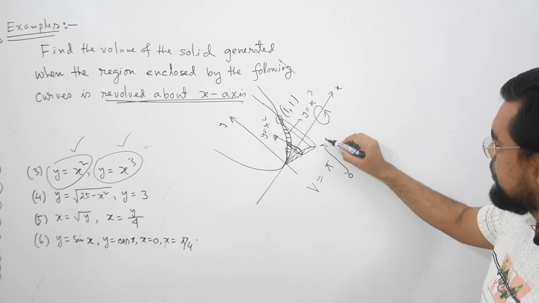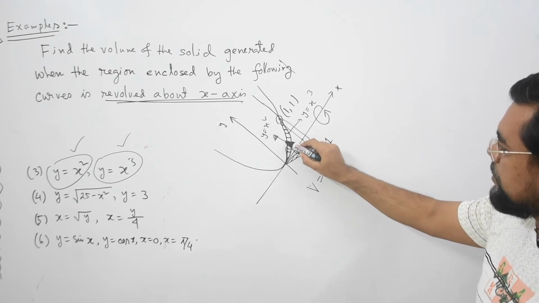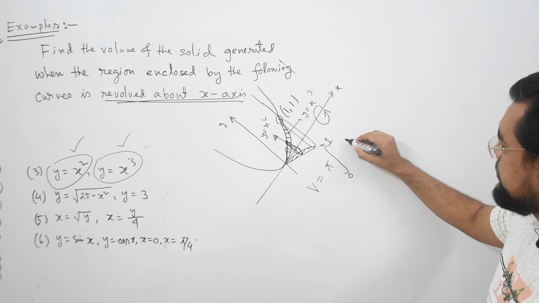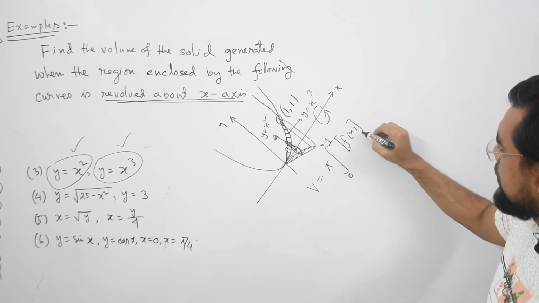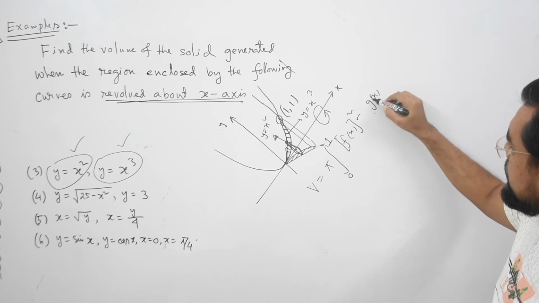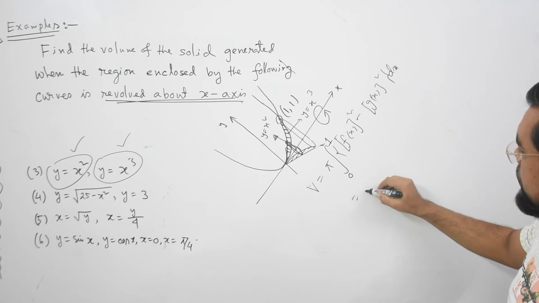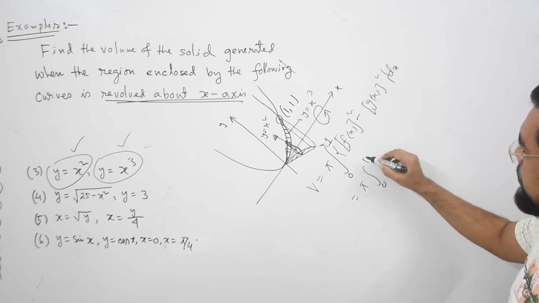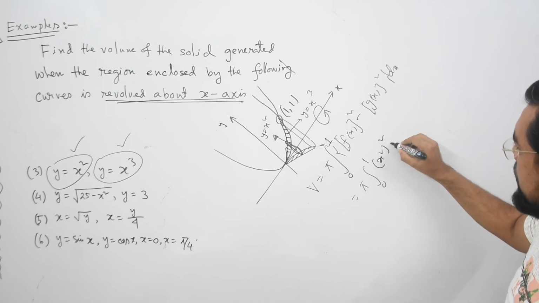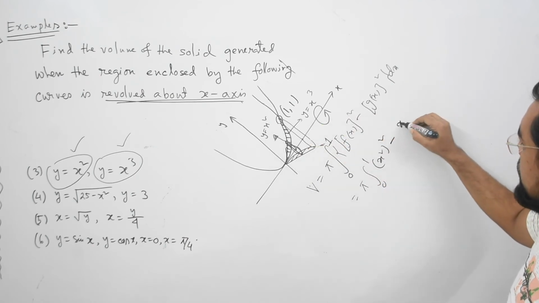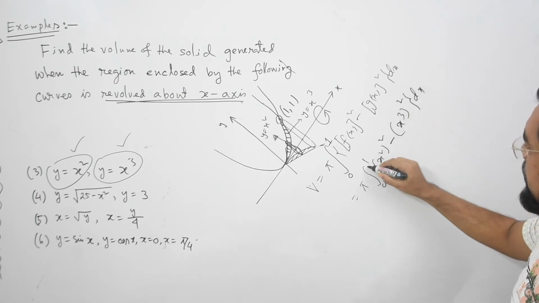So the lower limit and upper limit are 0 and 1. f(x) is the above one, x square. So this is our formula, f(x) square minus g(x) square dx. So here f(x) means the above one, x square, and g(x) means the lower one, (x cubed) whole squared, dx.